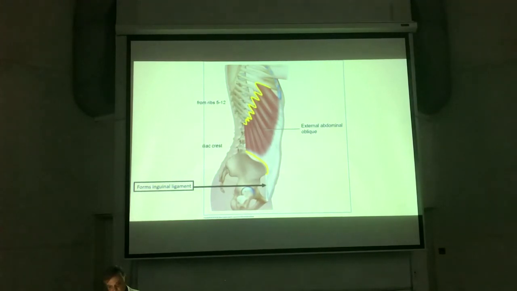And it makes the inguinal ligament and goes to the midline with the rectus sheath. Therefore, it rotates the trunk, and it can be a muscle of respiration because it's attached to the ribs.